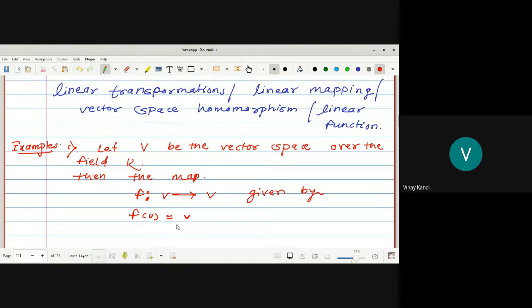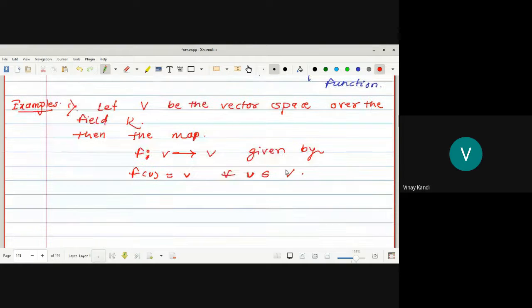That is the identity mapping, F of a is equal to a, for all small v belonging to capital V. Then F is called a linear transformation. The identity mapping must be a linear transformation.